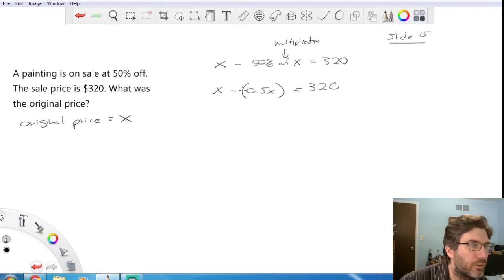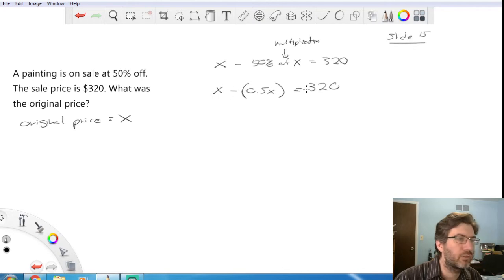You really haven't done this algebraically yet, but we can do it. Probably what we want to do is distribute that negative sign, maybe. I don't know if that's what you like or not. Well, actually, that just gets rid of the parenthesis. In this case, we have x minus 0.5x, which are like terms. You can actually do that.